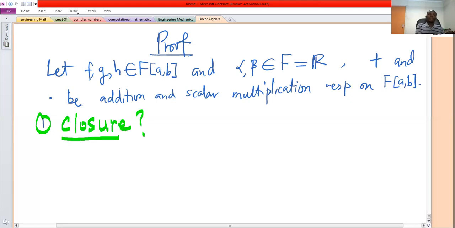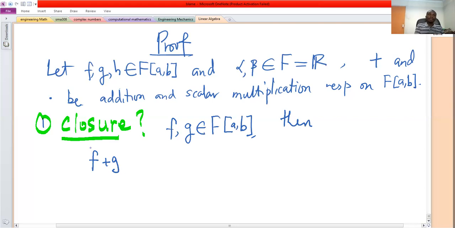So let's see whether closure with respect to addition is satisfied on this set F. So f and g are two functions in this set F. Then if we take f and add to g, these being functions of x, we write this sum as f of x plus g of x.